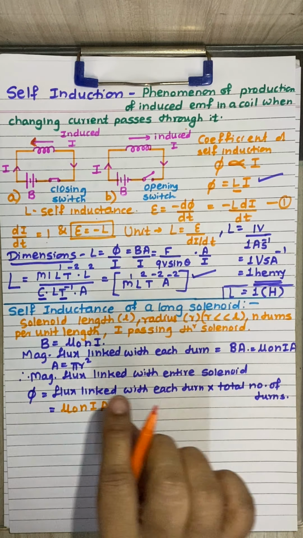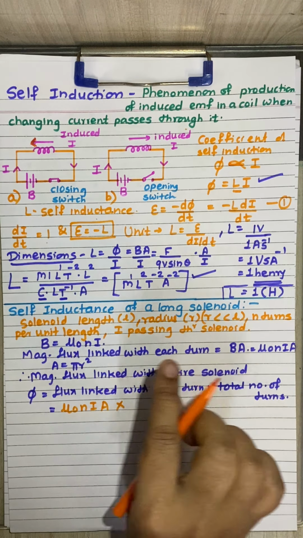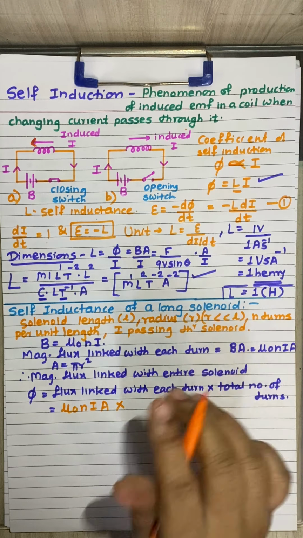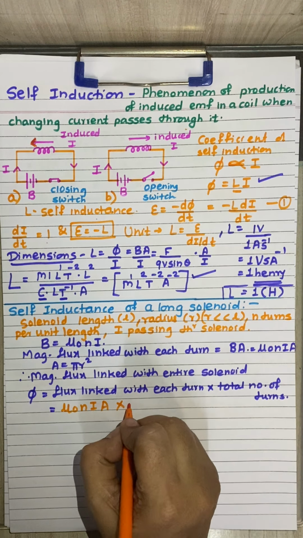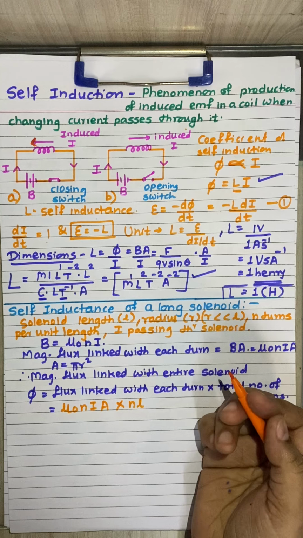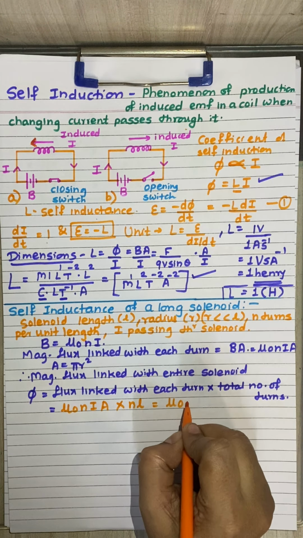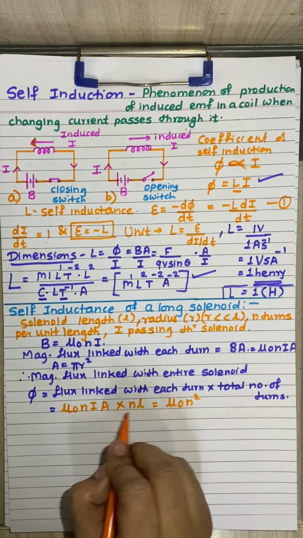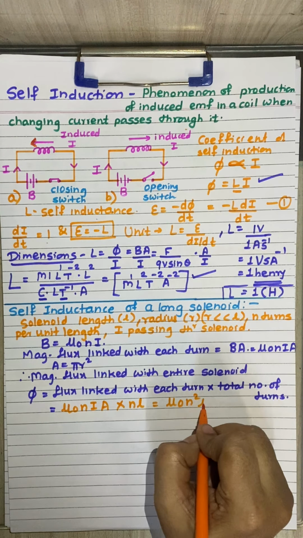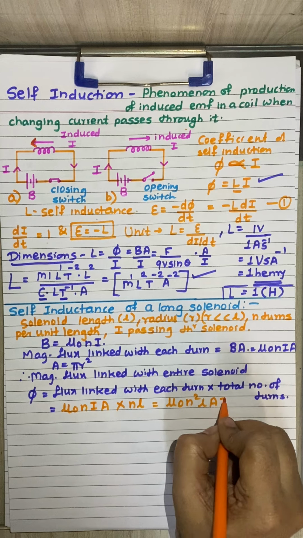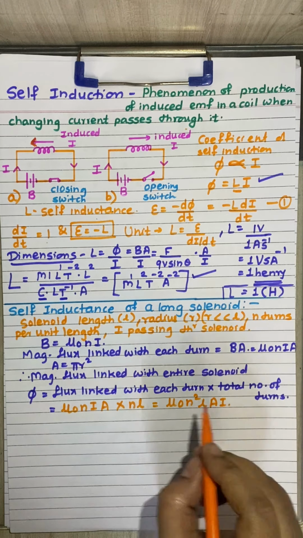The flux linked with each turn is mu naught nIA, multiplied by the total number of turns. Now the total number of turns in that long solenoid of length L is nothing but n into L. So I will write here n into L. Together we get mu naught n squared L A I. This is our first equation.